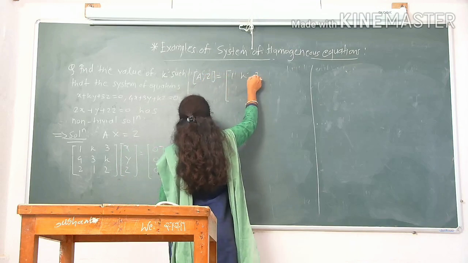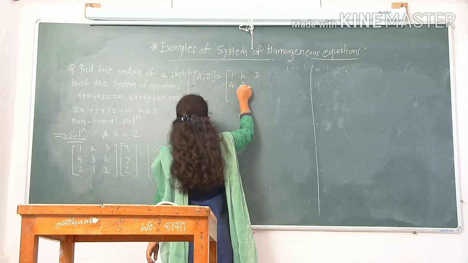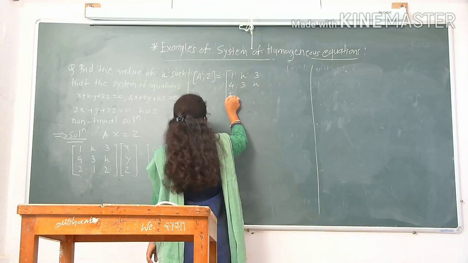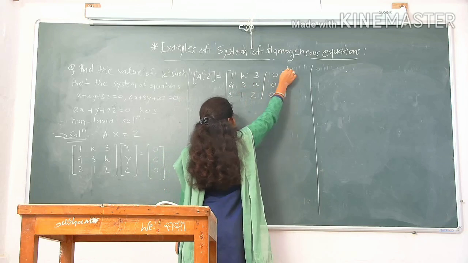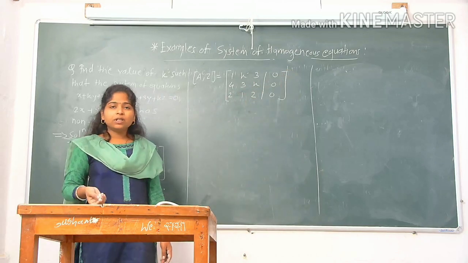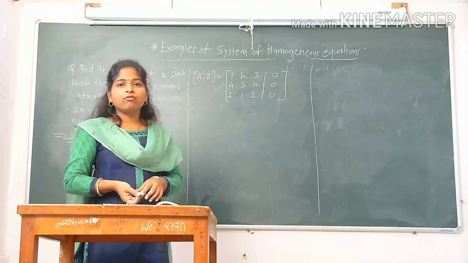1 k 3 4 3 k 2 1 2 0 0 0. Now we have to convert this matrix in row echelon form.